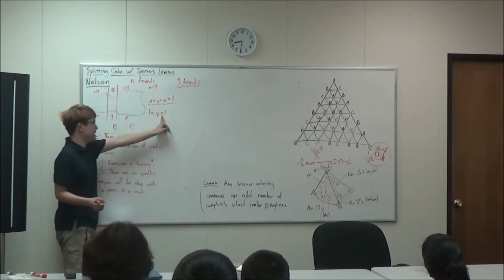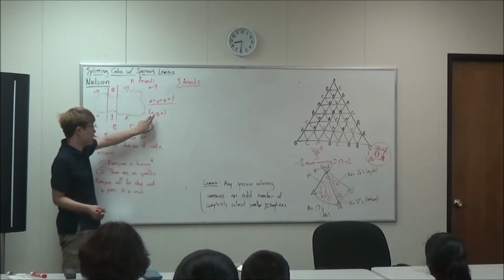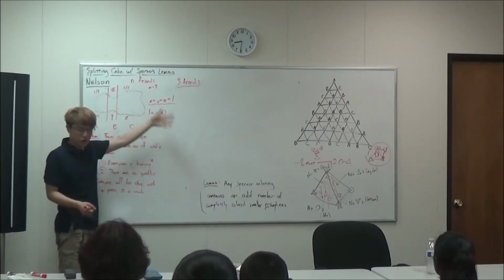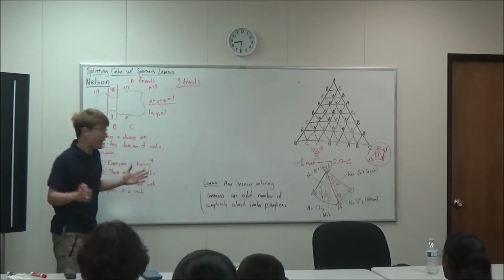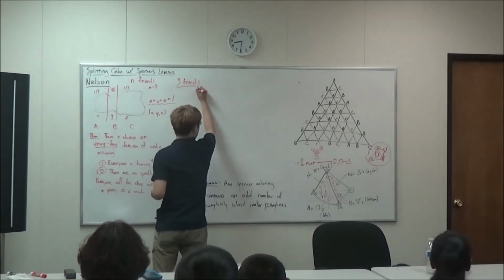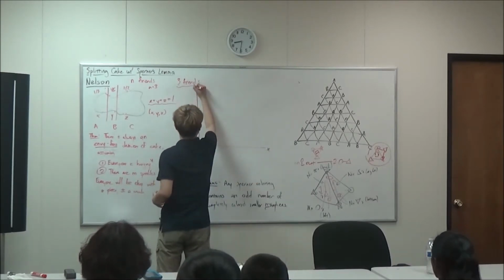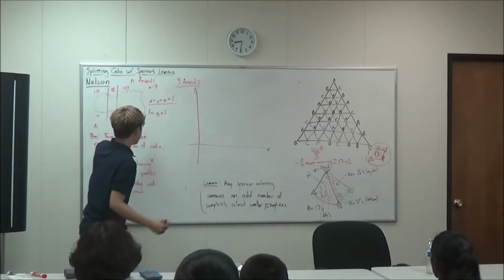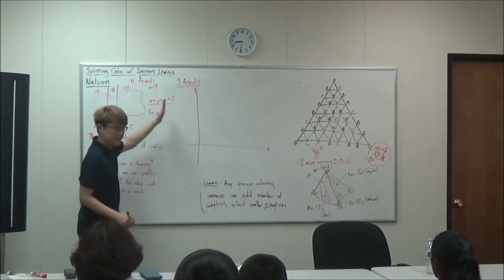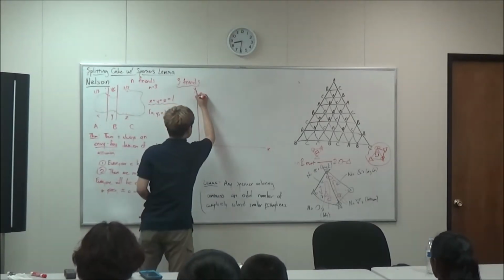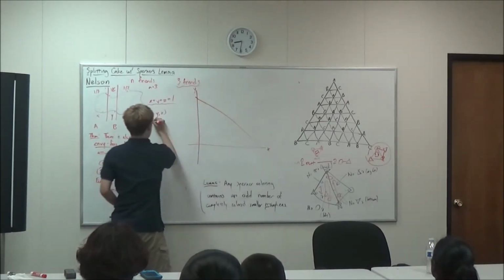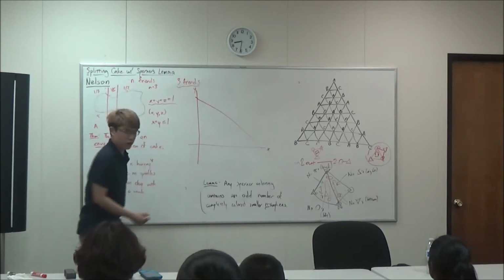Now you might notice that z is kind of redundant here, right? Because if you know x and y, you know z, because all three add up to 1. So let's graph this. What does this look like? I have x, and we have y. So x plus y plus z equals 1. Z is a little redundant, so what this really means is that x plus y is less than or equal to 1, right?